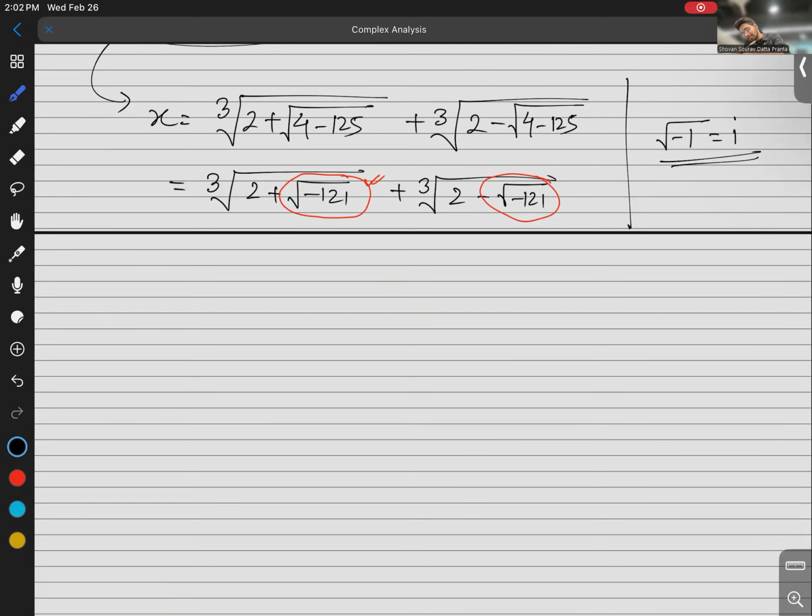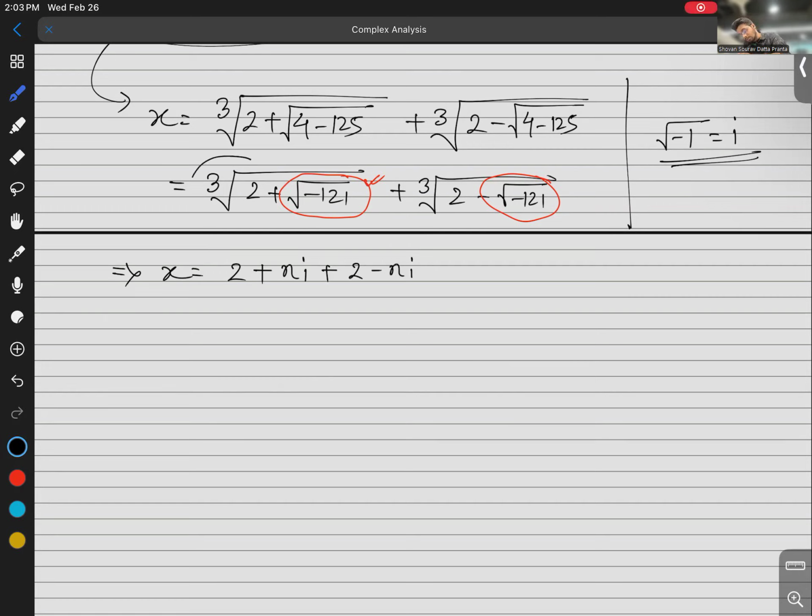If this number is the square root of some negative number, we can consider it as x is equal to 2 plus n times i, where n is any number, and then 2 minus n times i.